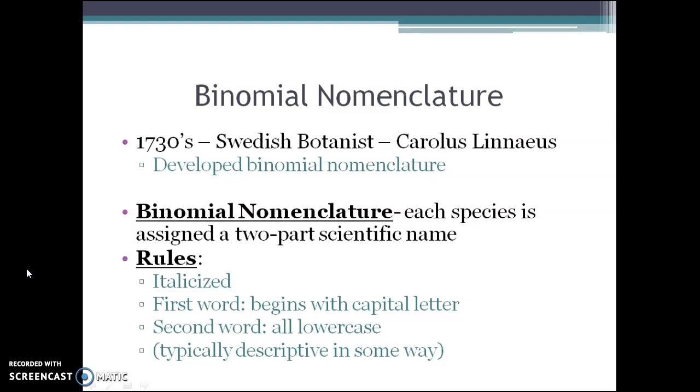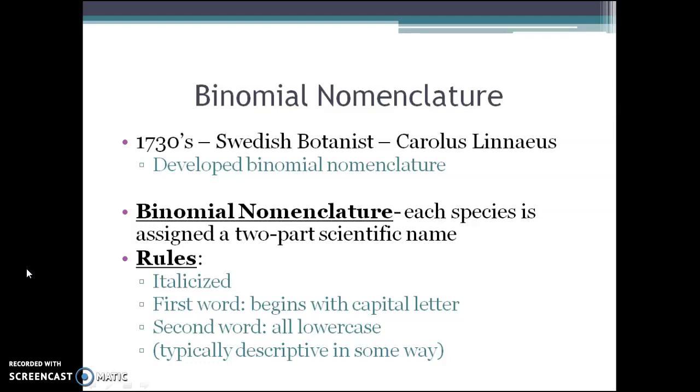And so hopefully you either have watched it already or you will watch it after this. You will watch a crash course on classification, and you will learn a little bit more about the Swedish botanist Carolus Linnaeus. And he developed this system back in the 1700s, and it's called binomial nomenclature.